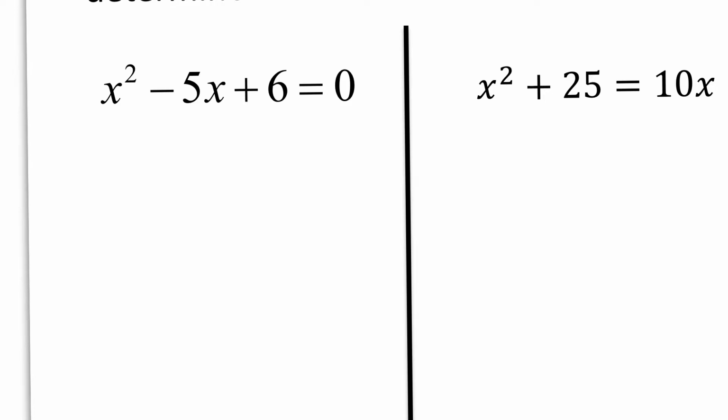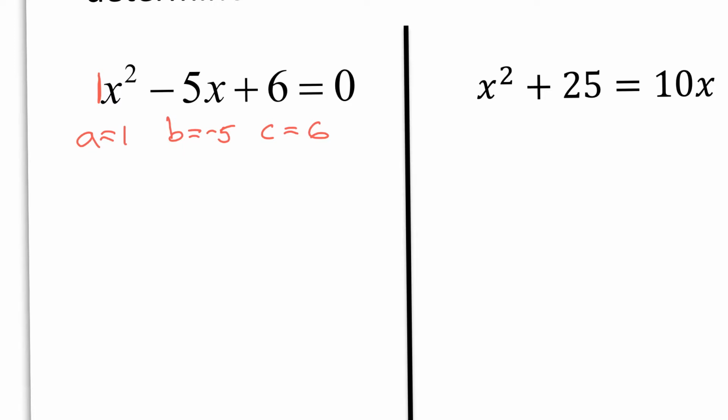Now here, my A value is going to be 1, that is the coefficient in front of the x squared. B is negative 5, that's the one with the x, and C is your positive 6. After you know everything equals 0 and you know which one is your A, B, and C, I'm going to use the discriminant formula to find out how many real solutions I'm going to have.